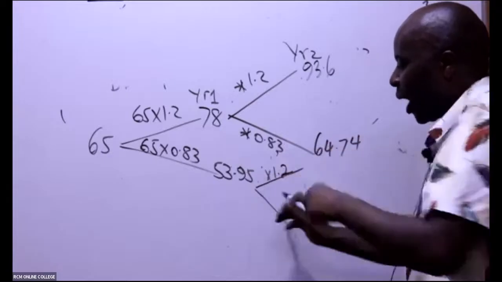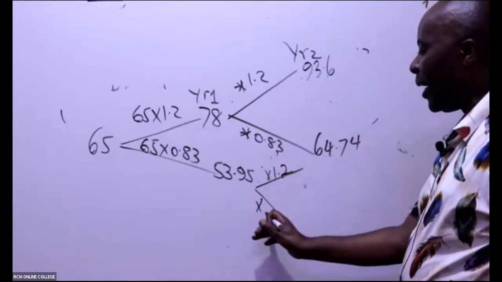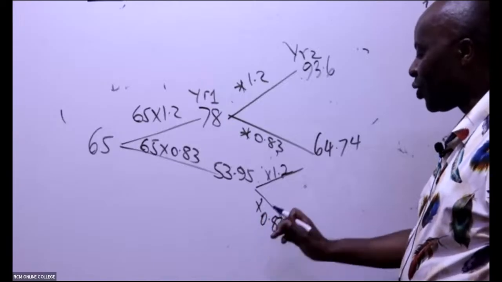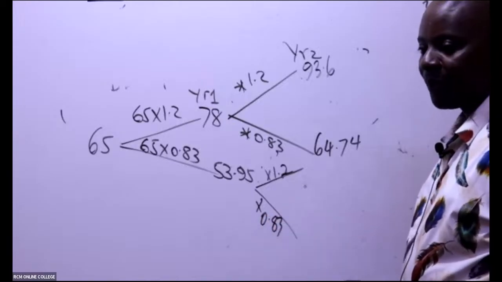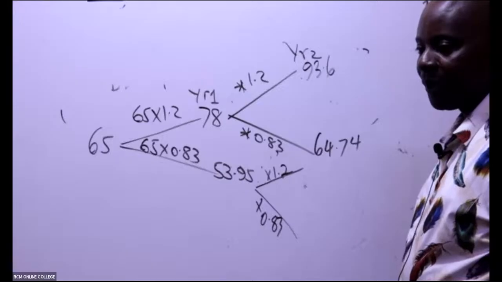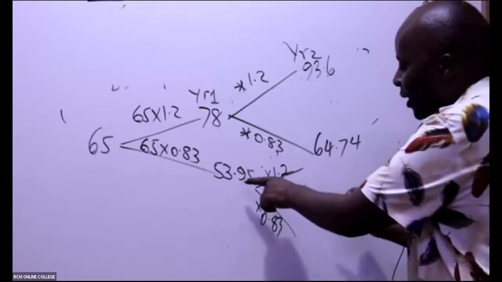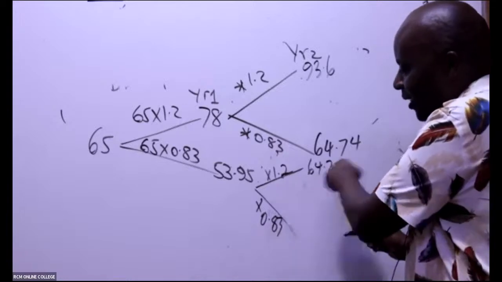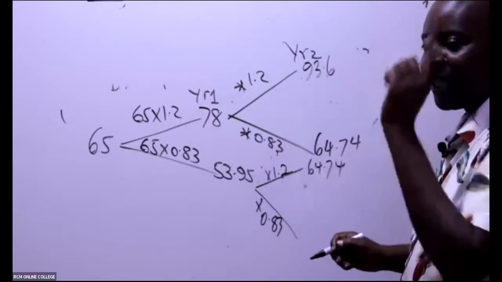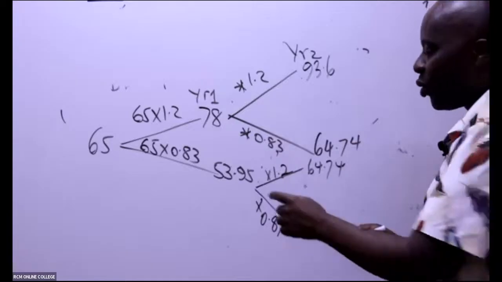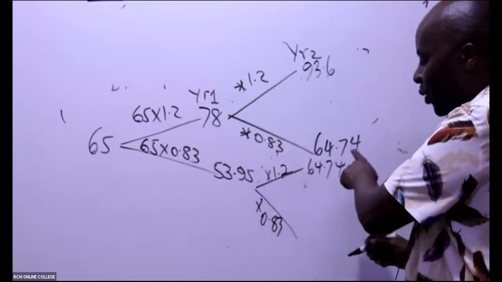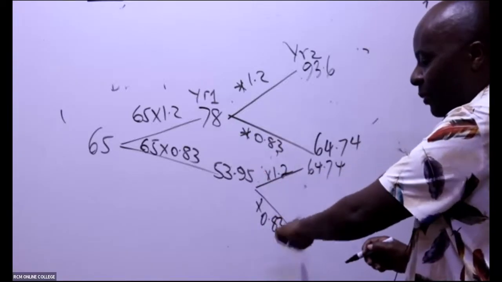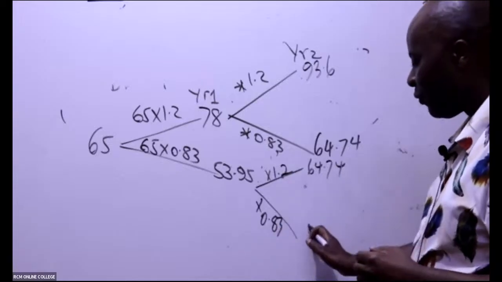And if it goes down, we multiply this figure by 0.83. So is there somebody who is able to see that this figure is agreeing? The middle figure must always agree. If it doesn't agree, you're doing it wrongly. So 53.95 times 1.2 gives me that. 53.95 times 0.83 will give me 44 point what here.